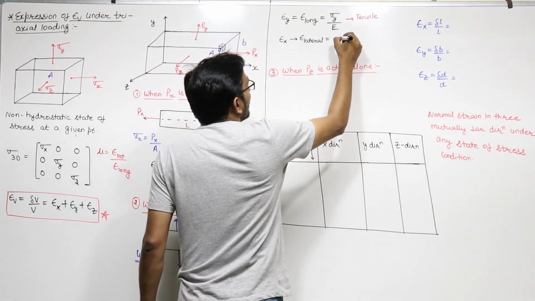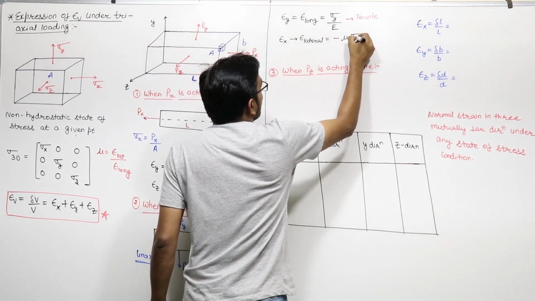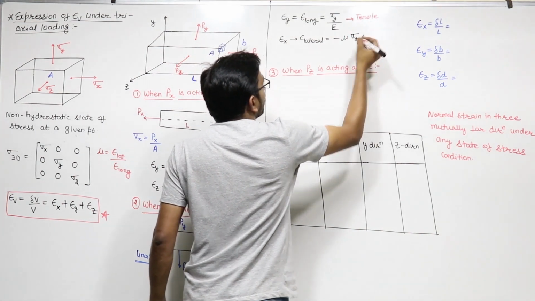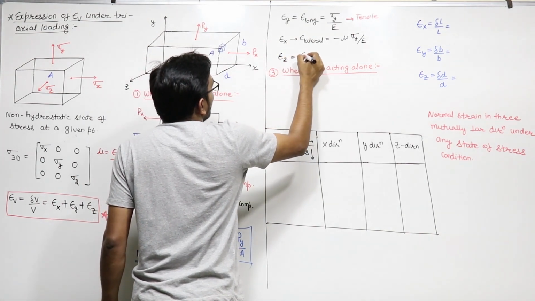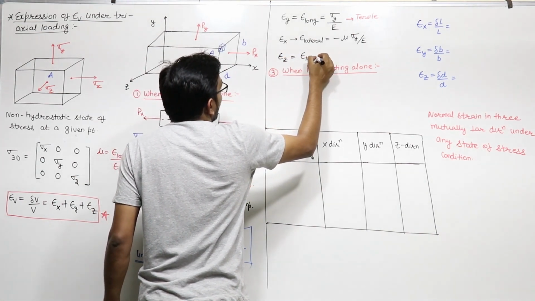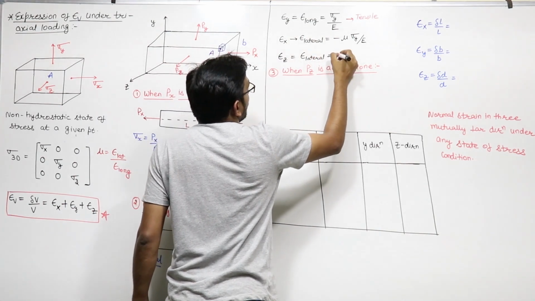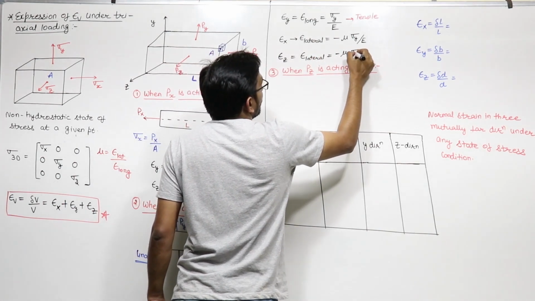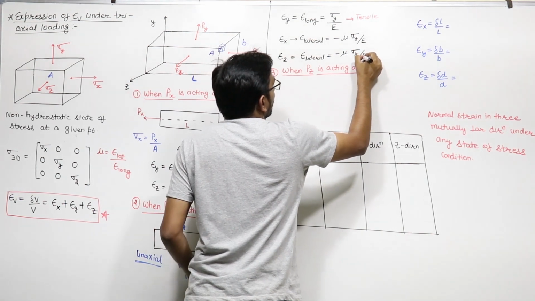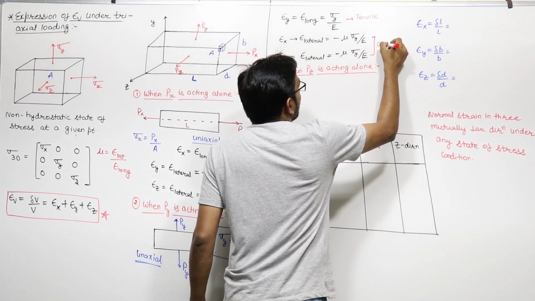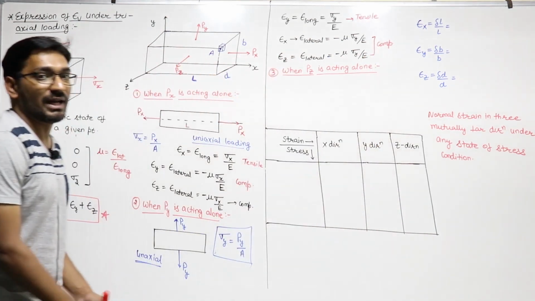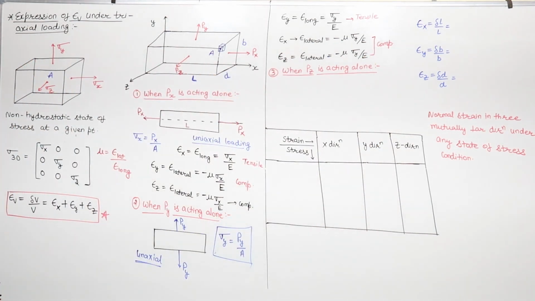So this is minus mu times sigma y upon E. And similarly in the z direction the strain will be lateral, equal to minus mu times sigma y upon E. Both of them are compressive in nature, opposite to the nature of the longitudinal strain.